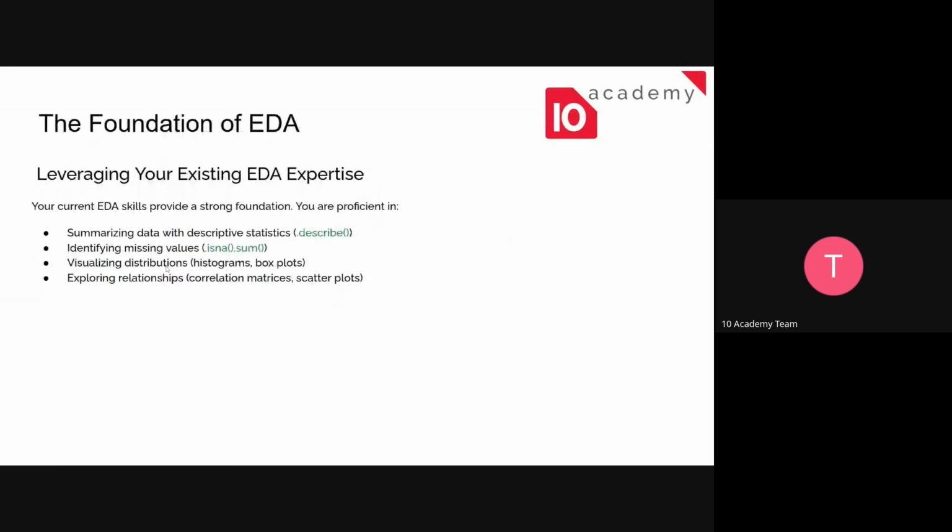So, leveraging your existing EDA expertise: we usually start from describing the data that we have and trying to see if there is an empty value, identifying missing values, visualizing distributions with histograms and box plots, and exploring relationships with correlation matrices, scatter plots, univariate and bivariate analysis.